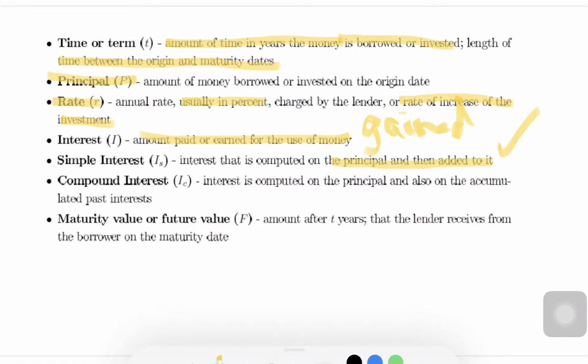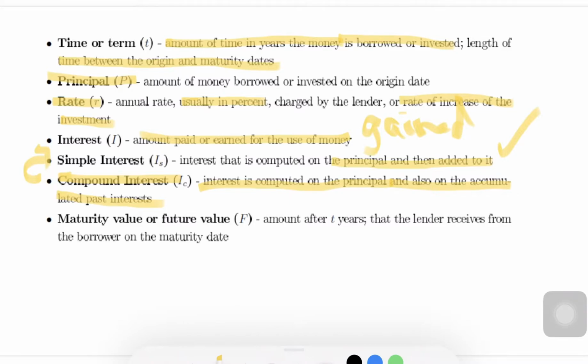Same thing with compound interest, but if you study this one later in the next chapter, there is a big difference between simple interest and compound interest. Because in compound interest, interest is computed on the principal and also the accumulated past interest.